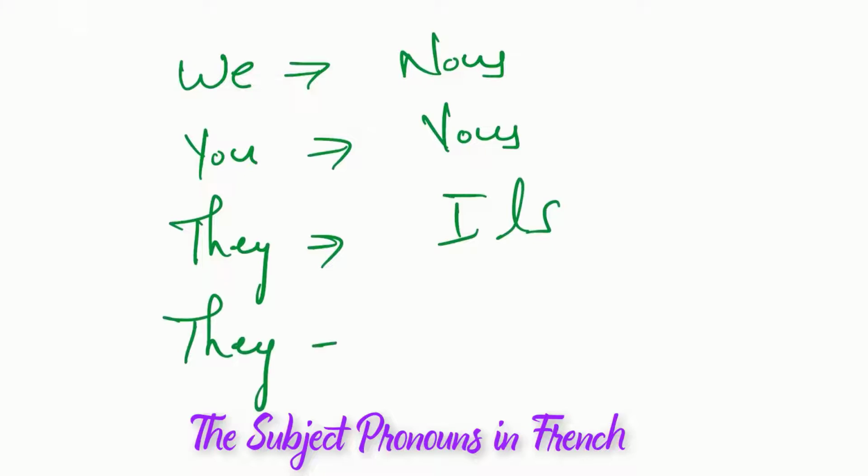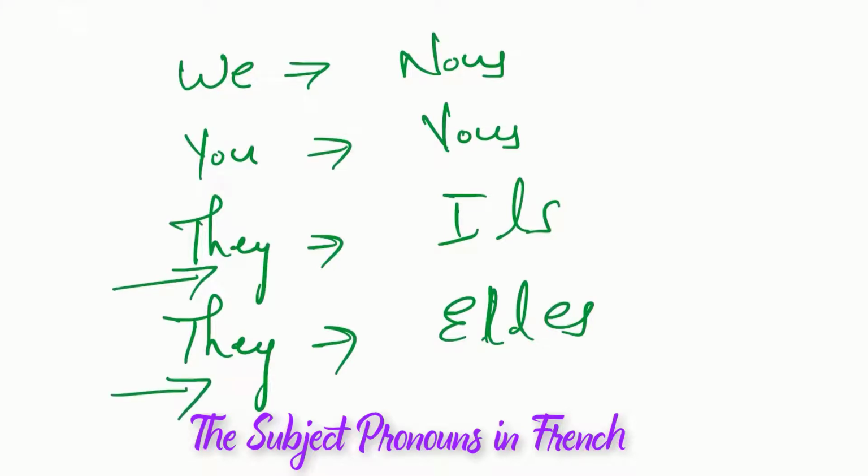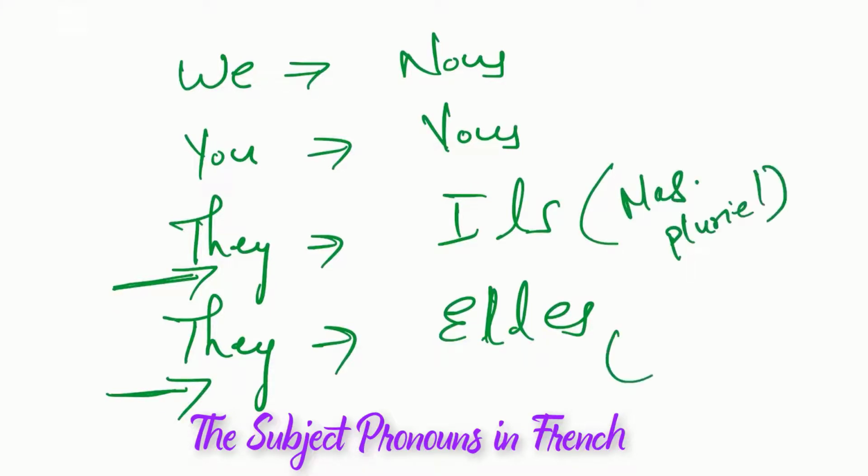Again they is elles. As I told you, they two times because in French everything is masculine and feminine. So this is the reason I wrote two times they. Okay. So this is for masculine plural. This is for feminine plural.